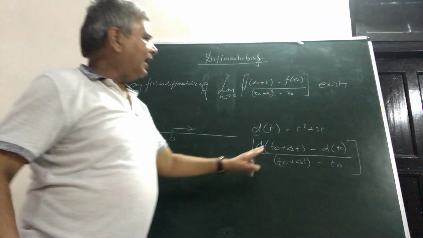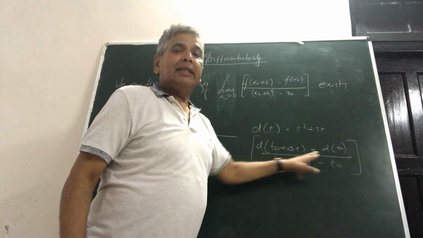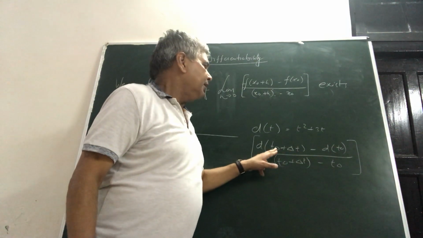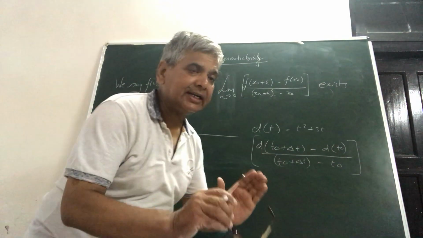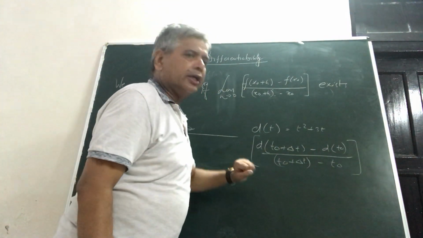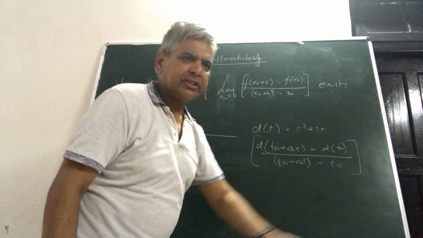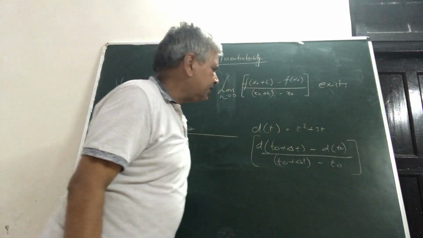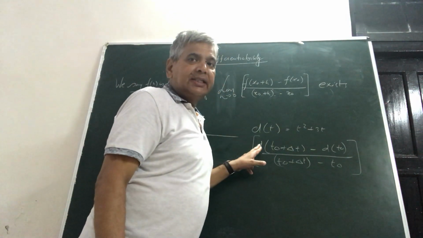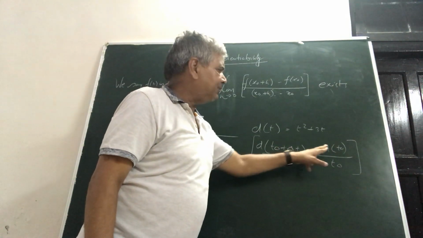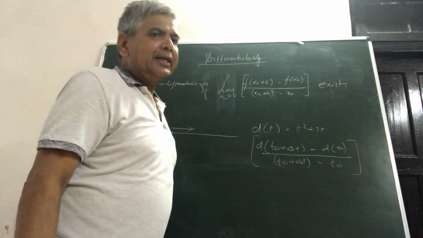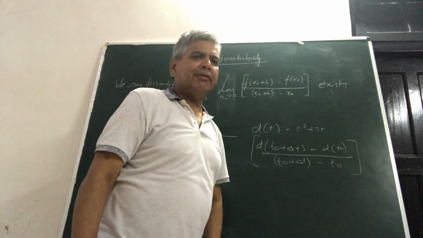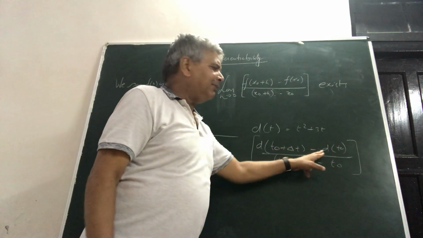The numerator is giving me the distance traveled in how much time? I have started counting my time from t naught, and then I am taking delta t time into account. So s of t naught plus delta t is the distance traveled in t naught plus delta t time, and s of t naught is the distance traveled in t naught time. If I subtract it, this numerator gives me the distance traveled in time delta t.